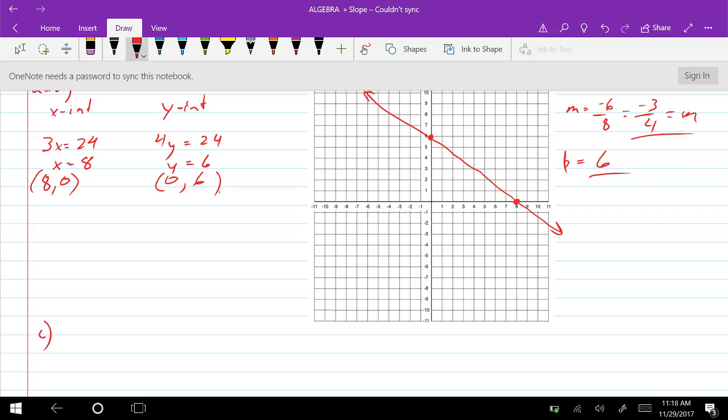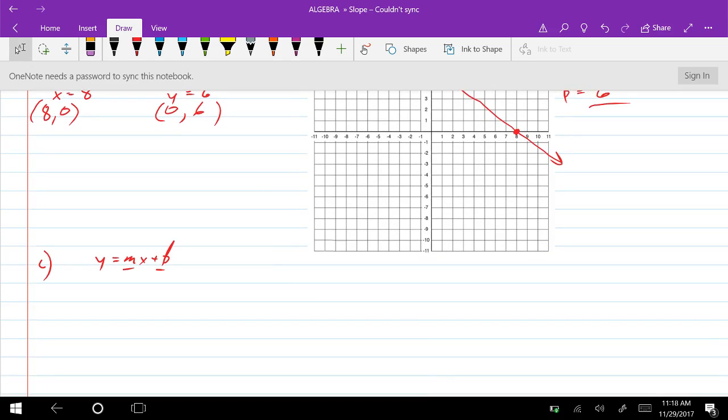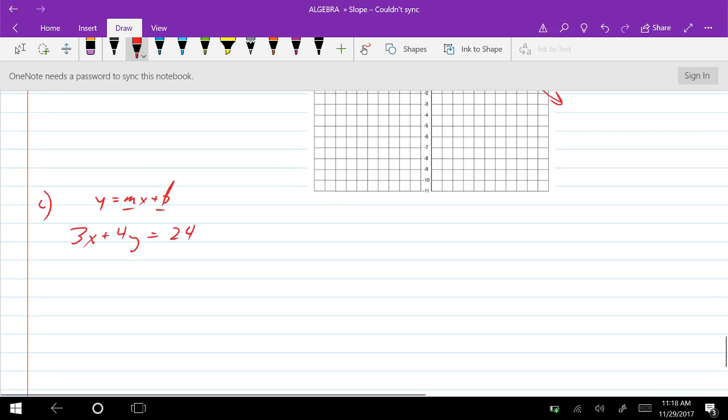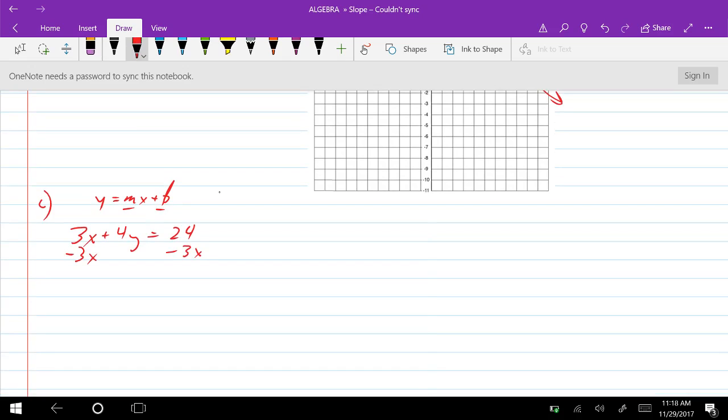So part C asks for slope-intercept form. I need the original equation in y equals mx plus b. I think I know my m and I think I know my b, but I'm going to check it. So if I started with 3x plus 4y equals 24, I'm going to subtract 3x from both sides to get the x terms on the left side.